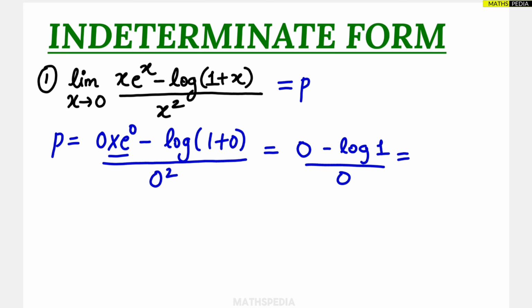We have studied that log 1 value is always 0. So it is 0 by 0 form. Now if you are getting this form, how to find the limit? Then we have to apply L'Hospital's rule.